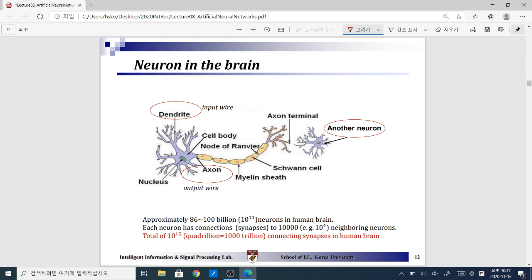Okay, so what we're going to do is consider having one learning model that represents the brain, and that learning model can be started with a neuron mechanism in the brain. So here's a slide that shows how the neuron is structured physically.